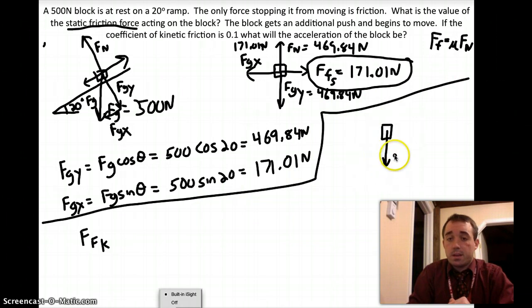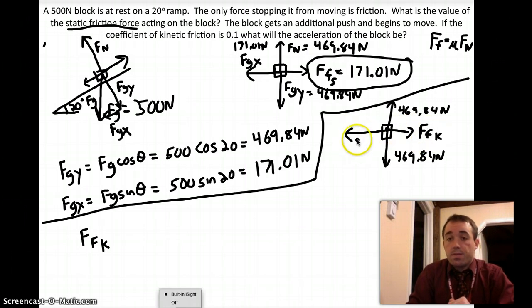It changes because our FGY is still 469.84. Our F normal also 469.84. But our force of friction is no longer the static friction force. It is the kinetic friction force. But gravity's still pulling just as hard, so this is still 171.01.